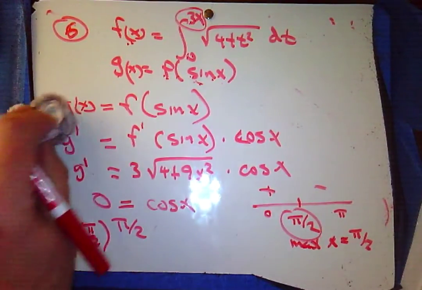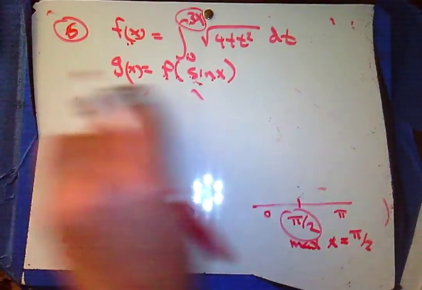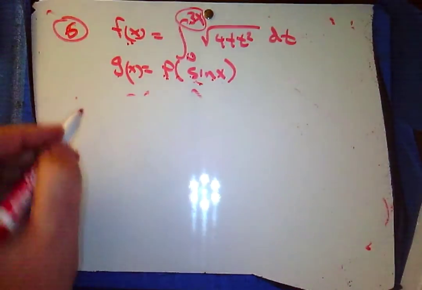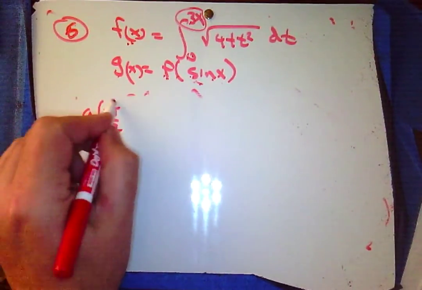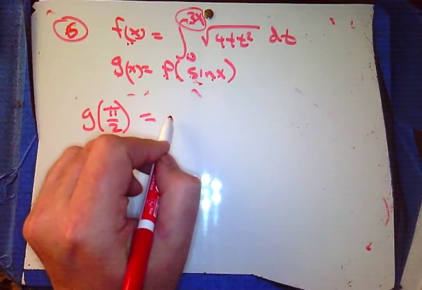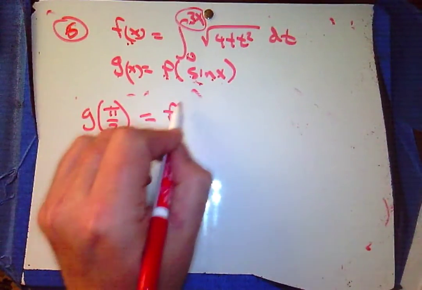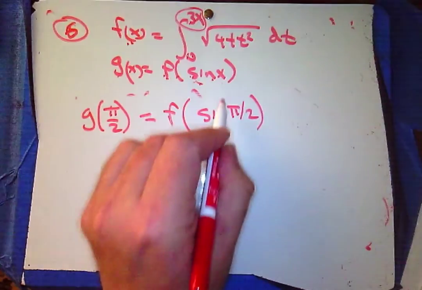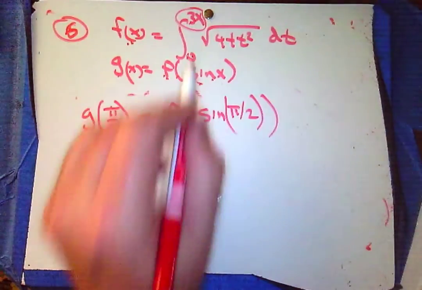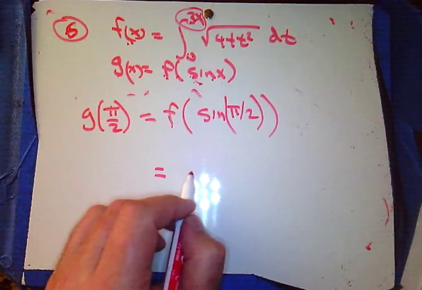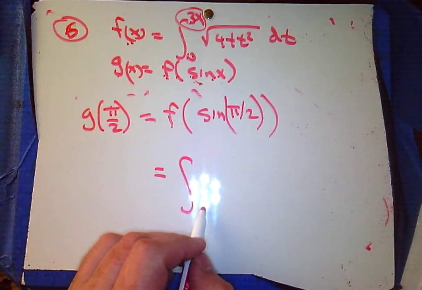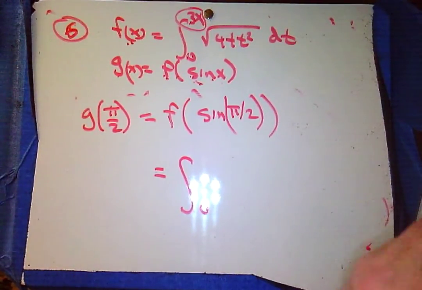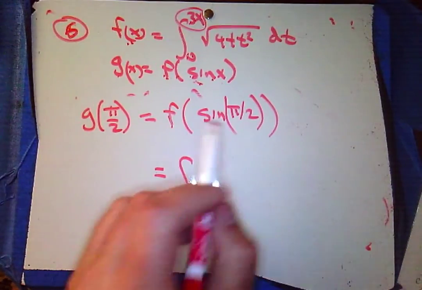So, to find g of pi over 2, g of pi over 2 equals f of sine of pi over 2. And we know that f is this integral. So we want the integral from 0 to 3 sine of pi over 2, because this is our input.